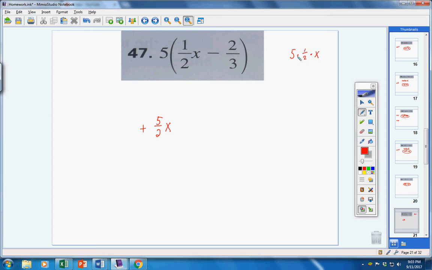And of course 5 times 1 half, put the 5 over 1. 5 times 1 is 5. 1 times 2 is 2. So 5 halves x. Now we're going to take a positive times a negative is a negative. 5 times 2 thirds would be 5 over 1 times 2 thirds, which would be 10 thirds. Okay? And that's it for number 47.